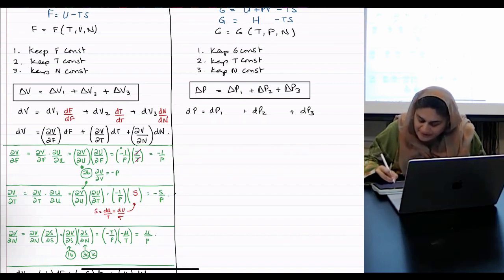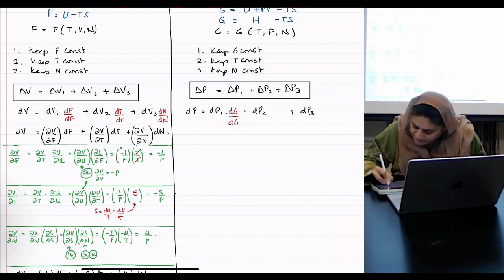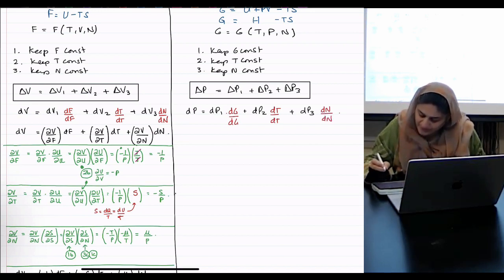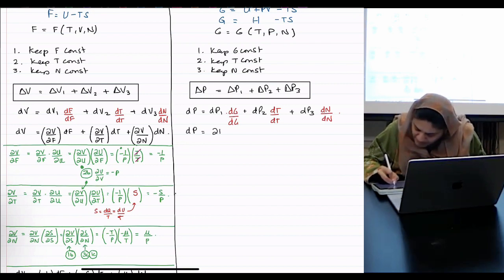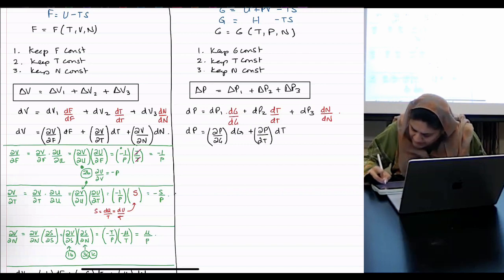And multiplying and dividing it by dG over dG, dt over dt, and dN over dN, which will give me an equation that is dP equals partial P over partial G dG plus partial P over partial T dt plus partial P over partial N dN.